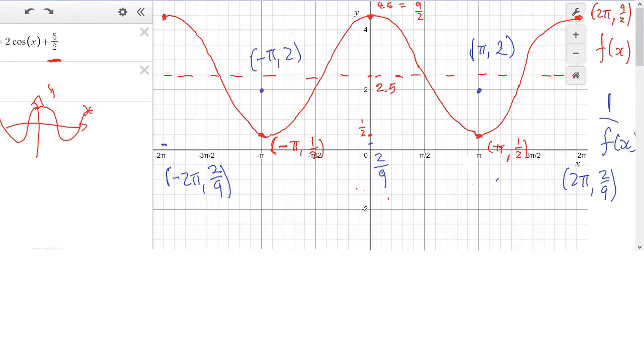Now, here's the tricky bit. You've got your maxima and minima, and you've got to imagine what it's going to look like and do your best to draw it. The way to think about it is the gradient. If I look at the gradient near my leftmost minimum, the gradient of the red graph is originally pretty shallow, pretty close to flat.